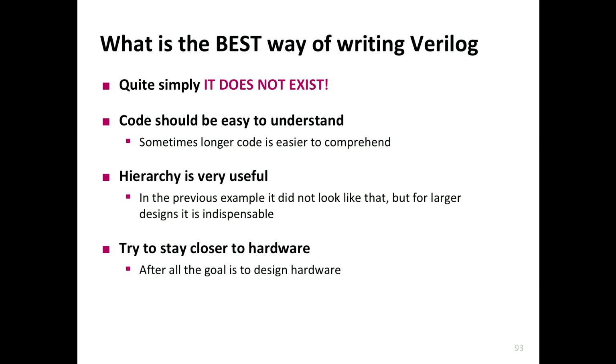So this is a nice hierarchy, which helps us understand what is happening much better. One piece of advice is to try to stay closer to the hardware. This reflects one of the questions here, why can't we do it with simply 4 input ANDs? And if there is a restriction that you cannot use 4 input ANDs, then you really need to make sure that the system does not generate it. So you always try to be closer to hardware and think in terms of hardware.